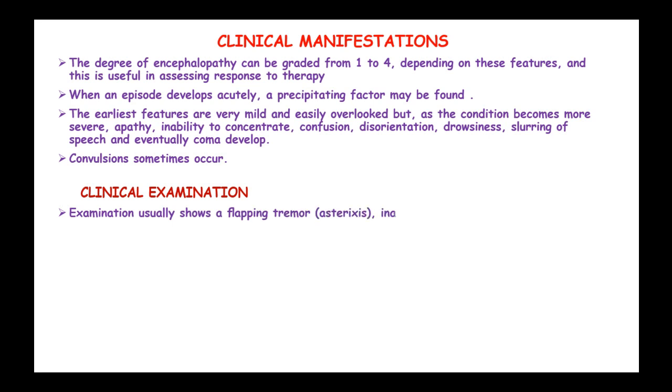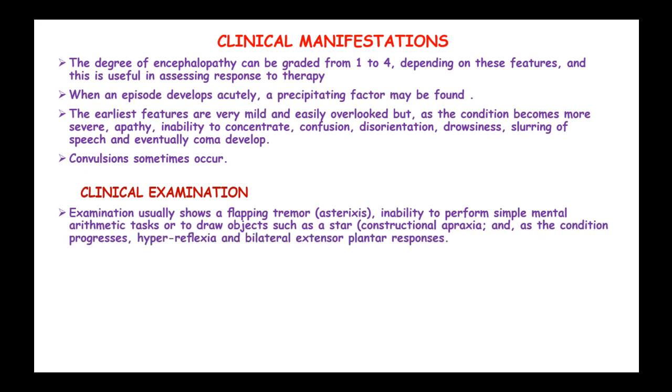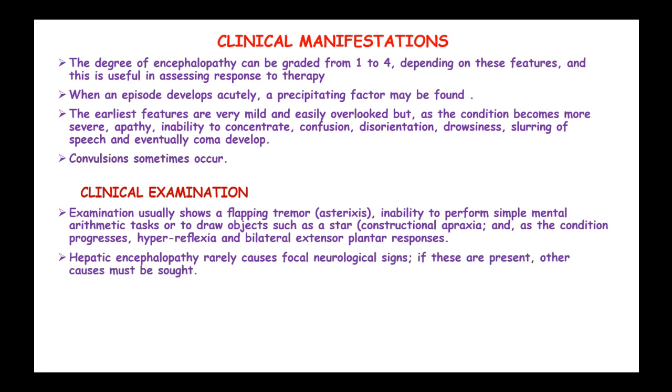Examination usually shows a flapping tremor known as asterixis, and inability to perform simple mental arithmetic tasks or to draw objects such as a star, known as constructional apraxia. As the condition progresses, hyperreflexia and extensor plantar responses develop. Hepatic encephalopathy rarely causes focal neurologic signs, and if these are present, other causes must be sought.